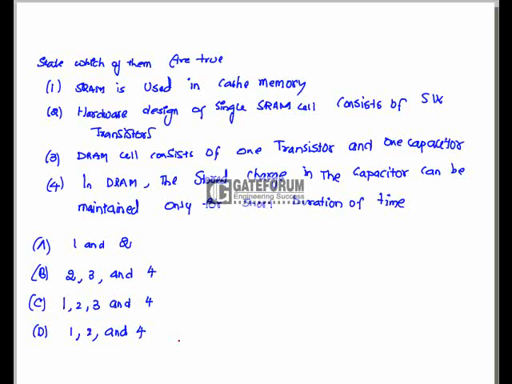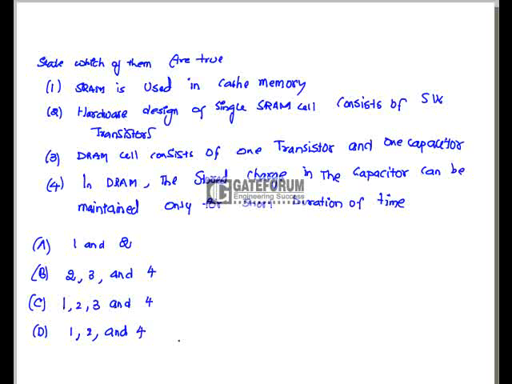Which of them are true? SRAM is used in cache memory. This is true because SRAM is fast compared to DRAM. A single SRAM cell consists of 6 transistors. It is true. And a DRAM cell consists of 1 transistor and 1 capacitor. It is also true.